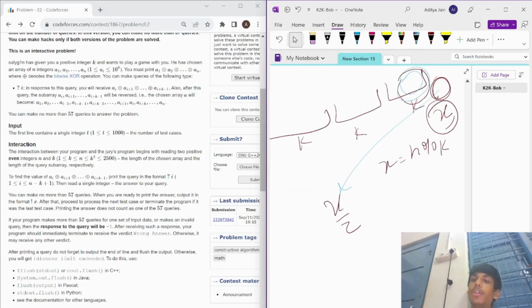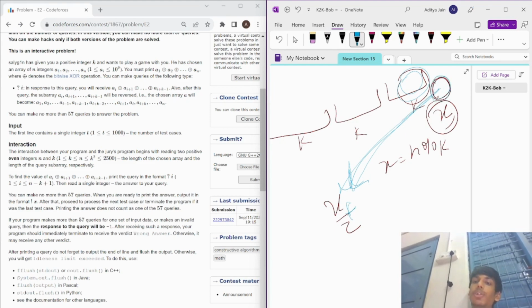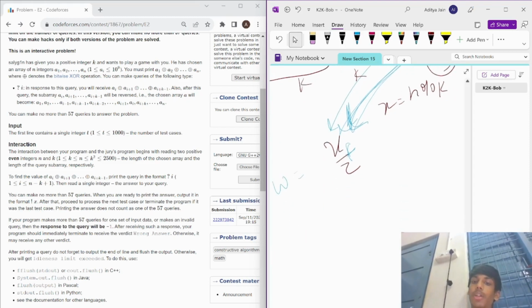So I took the first x by 2 terms from the remaining x terms. Xf represents the first x by 2 terms. I'll take the first x by 2 terms from this and k minus x by 2 terms from this, and I'll calculate their XOR. Let's call it w.